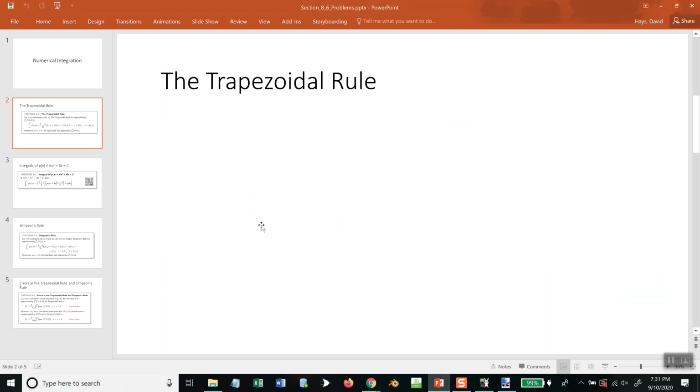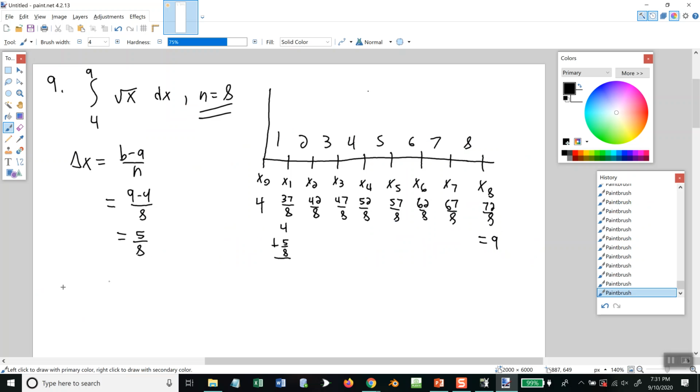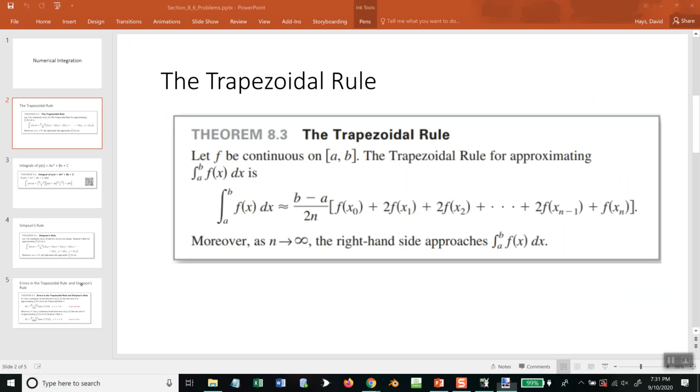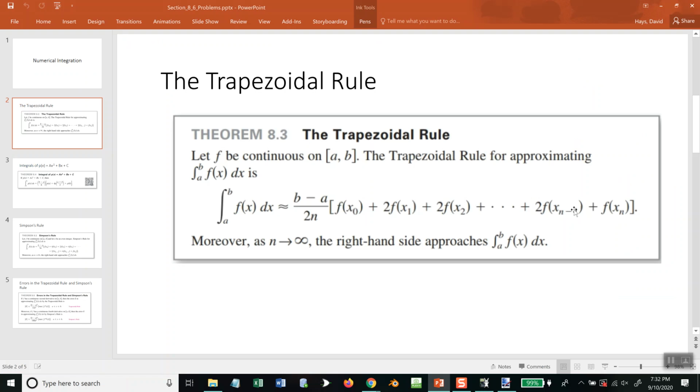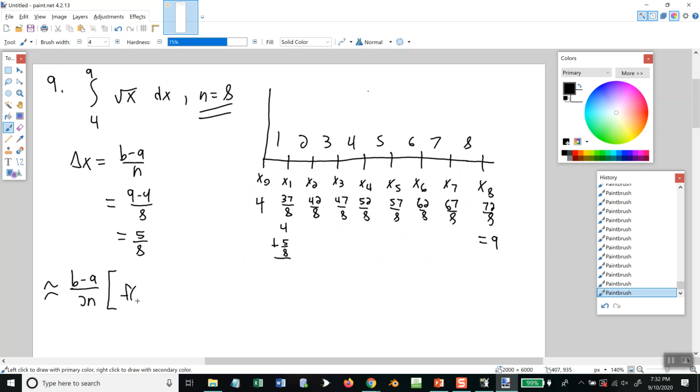Let's see, the trapezoidal rule. So we got approximately b minus a over 2n, and remember our first one and our last one don't have a number in front of them, but the others all have 2's in front of them. So we're going to have f of x naught plus 2 times f of x1 plus 2 times f of x2.